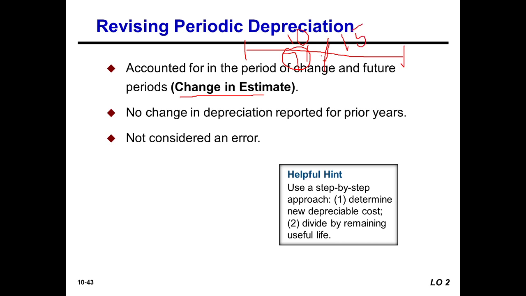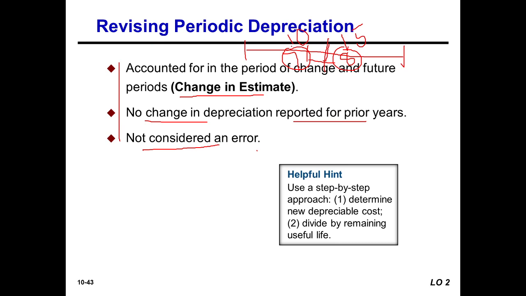So for another 8 years we need to calculate this depreciation. No change in depreciation is reported for prior years. It is not considered an error. These are the 3 characteristics of revising periodic depreciation.